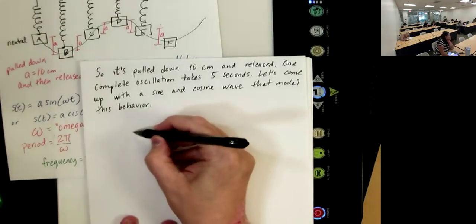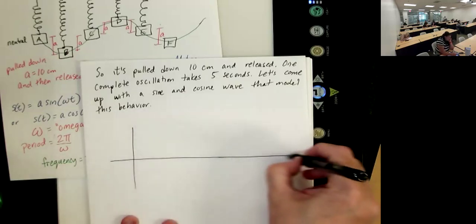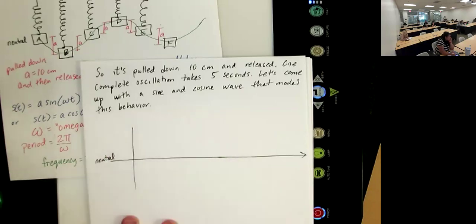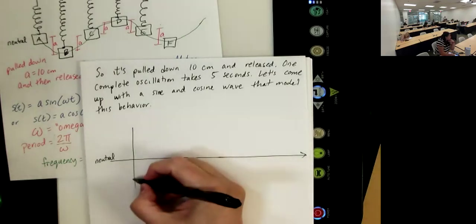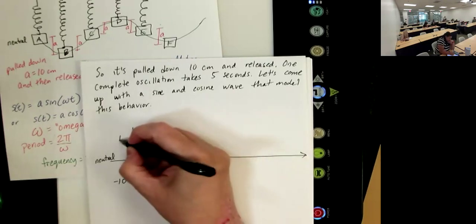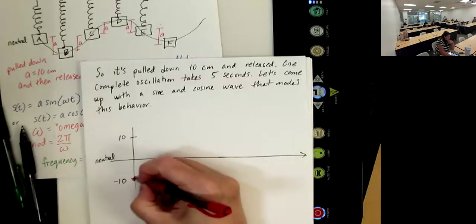If it helps you, let's plot that on a graph. Let's make the neutral position our 0. And when we start, it's pulled down 10 centimeters, so -10. Starts here.